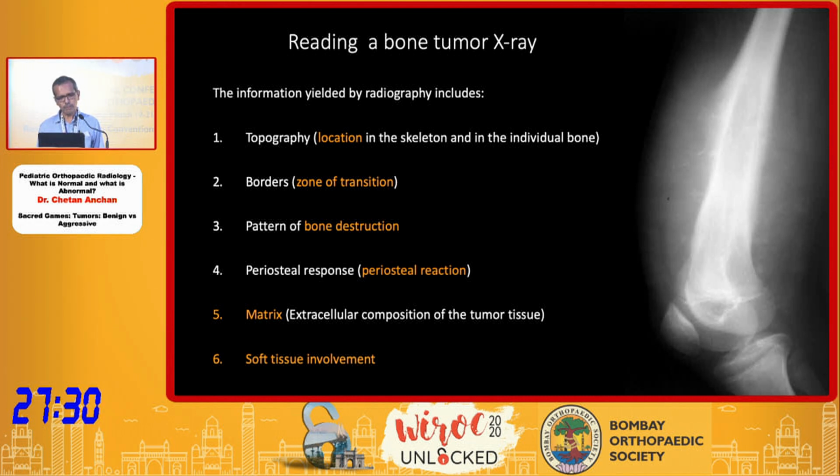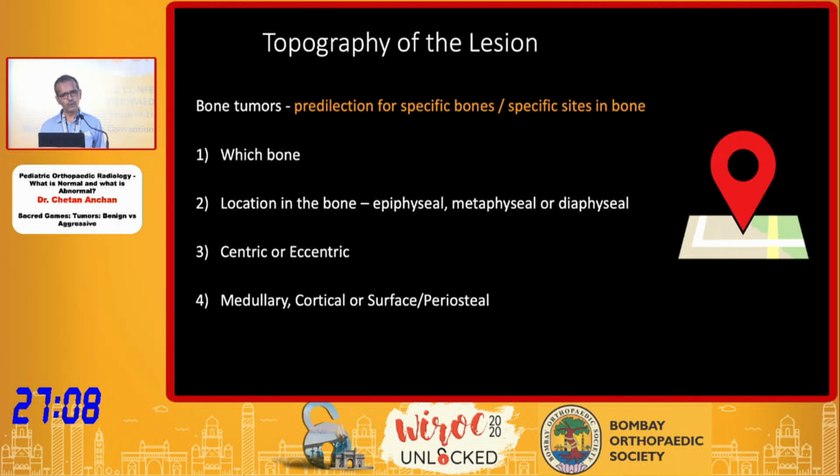What are the borders of this lesion, that is, where the normal and abnormal meet, also known as the zone of transition. Next you should look at the pattern of bone destruction. Look for the periosteal reaction, what kind of matrix this tumor is producing, and whether there is any soft tissue involvement or not.